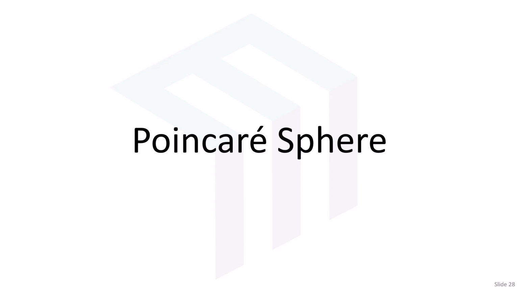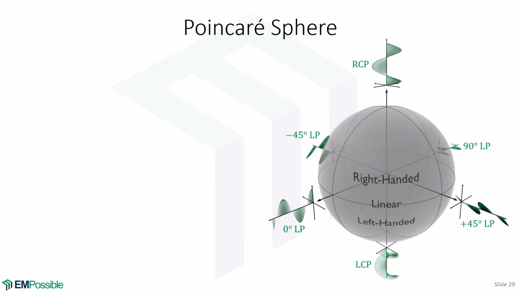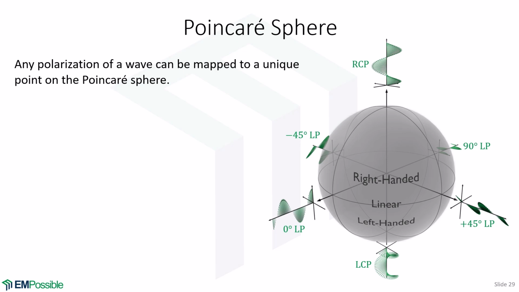Poincaré sphere. The Poincaré sphere is a graphical technique for mapping all possible polarizations of an electromagnetic wave to some point on the surface. So let's just start with the equator. The equator maps all possible linear polarizations.